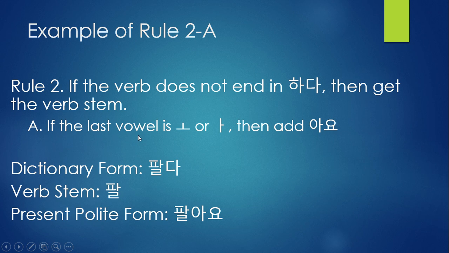Check the last vowel. Pal, a. This is the only vowel, so that's the last vowel, a. It fits this rule. It qualifies. So the present polite form is palayo. You add ayo according to this rule.